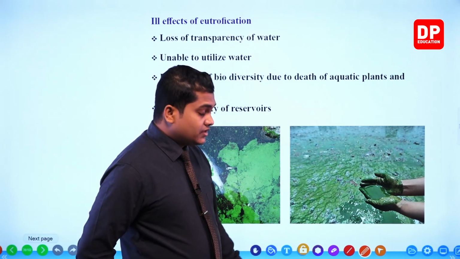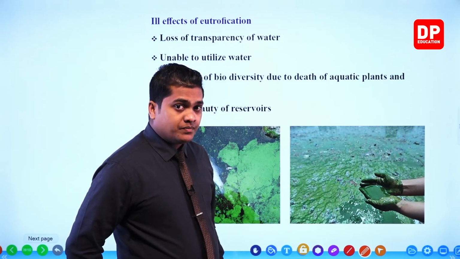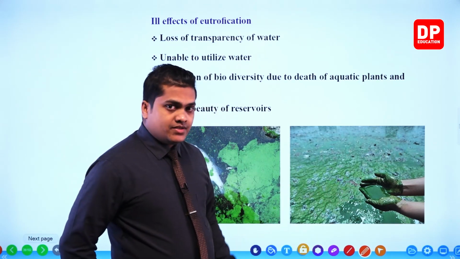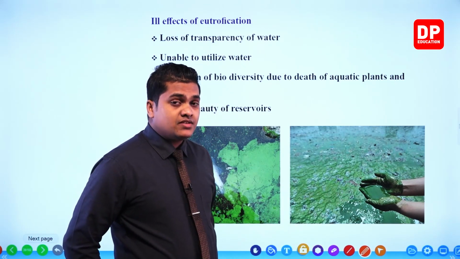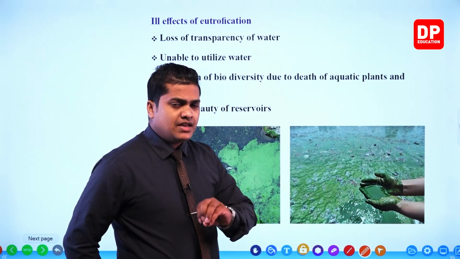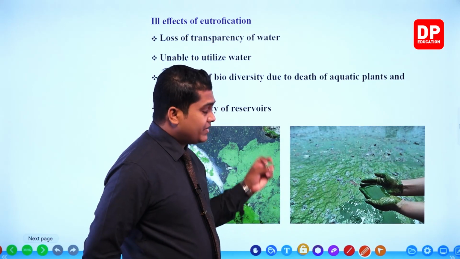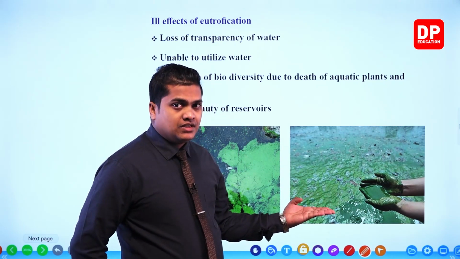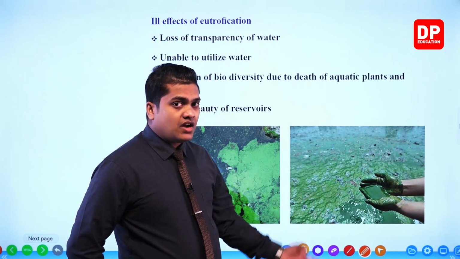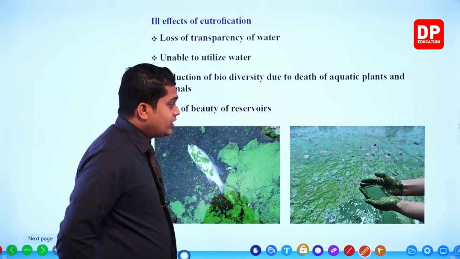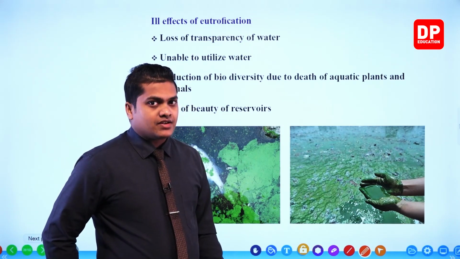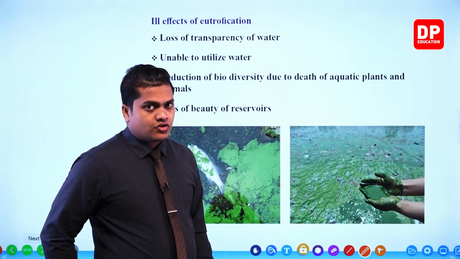The other case, my dear children, is that the transparency of the water is completely damaged, or there is no transparency at all here. So loss of transparency of water is a main ill effect created because of eutrophication.